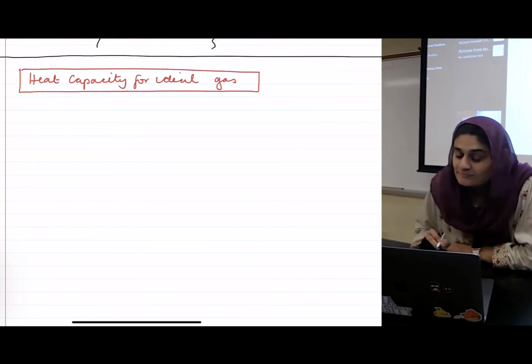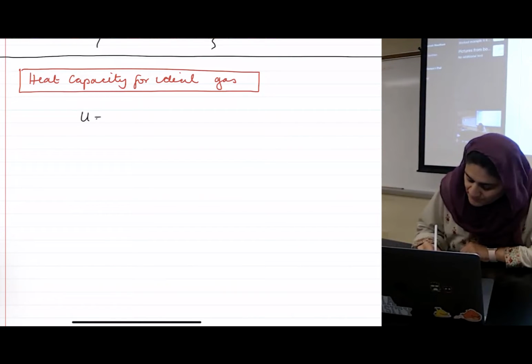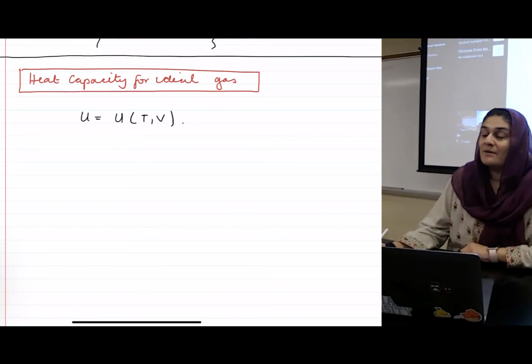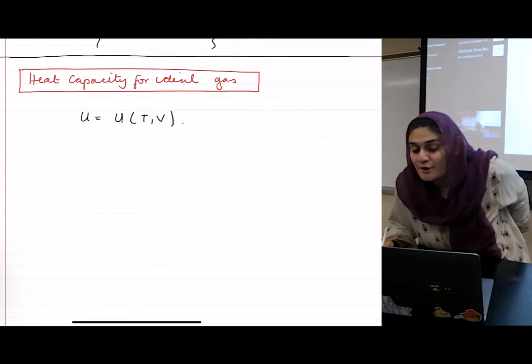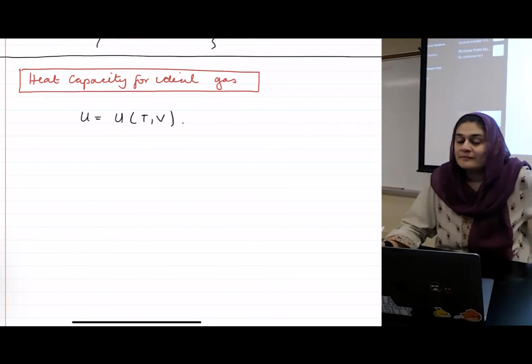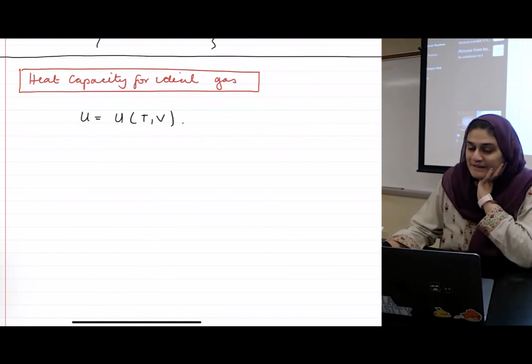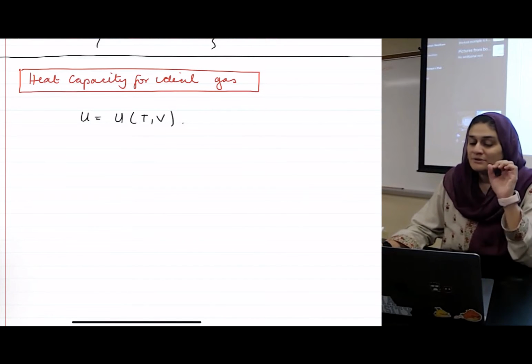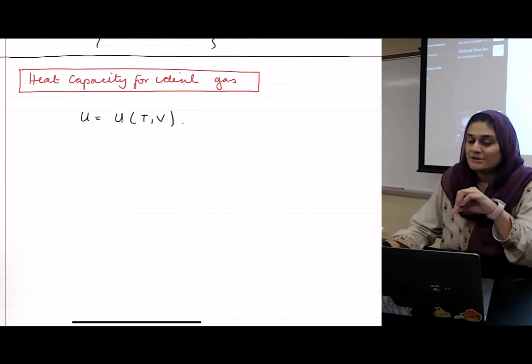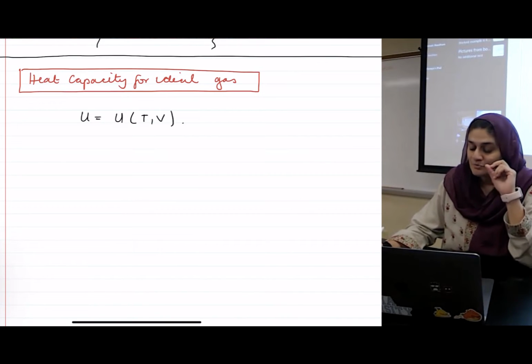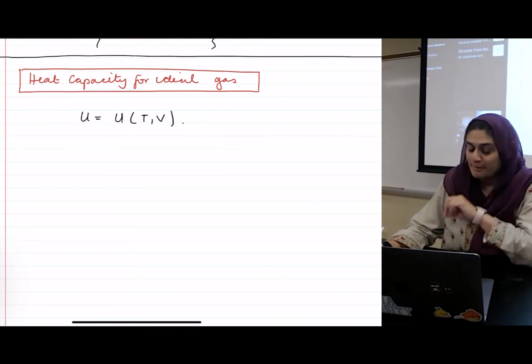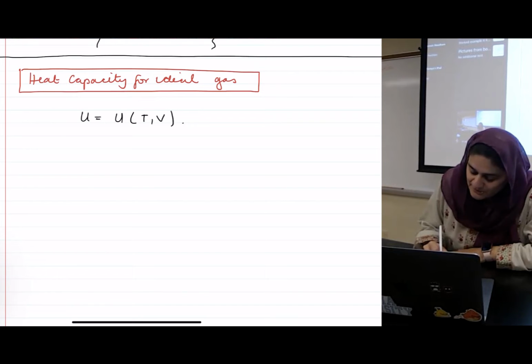Excellent. U is a function of T and V. Okay, so now it is a function of more than one variable. So that means in order to figure out the internal energies with respect to T and V both, what do I have to do?